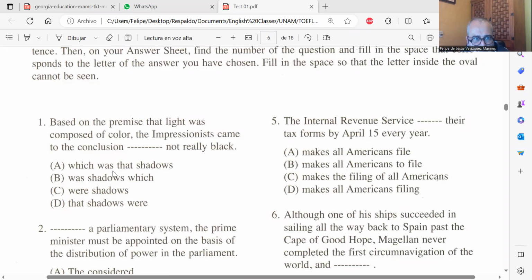And were, is that a verb? Yes, was and were are verbs. So based is not a verb because it's basado, and we don't have an auxiliary. So we have one, two, three verbs.